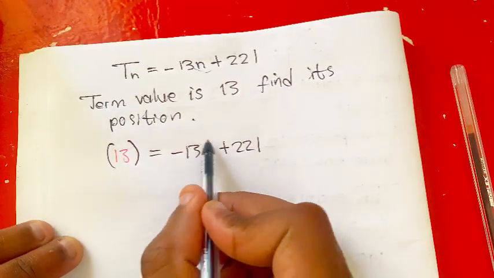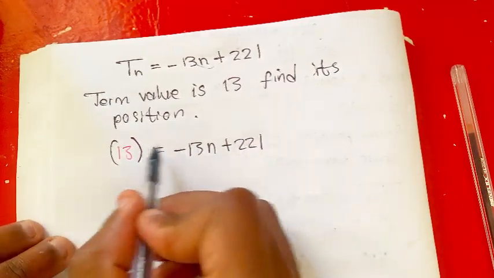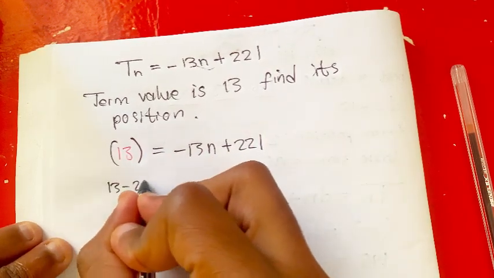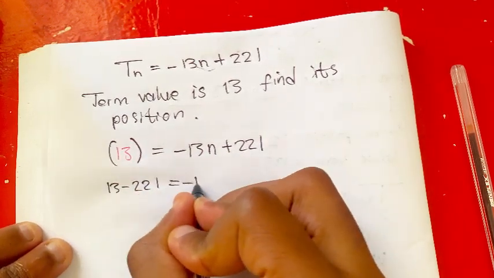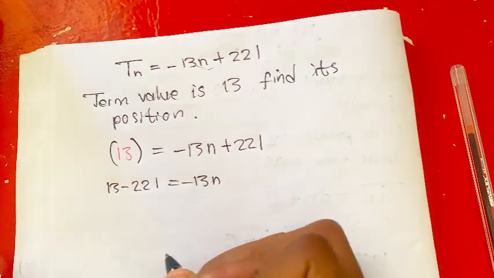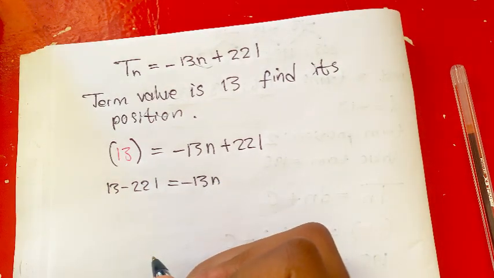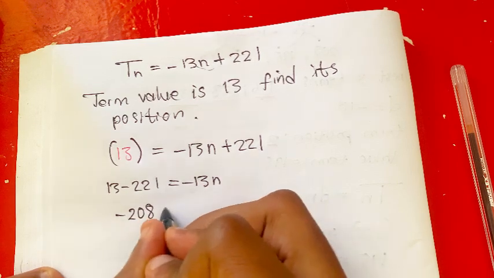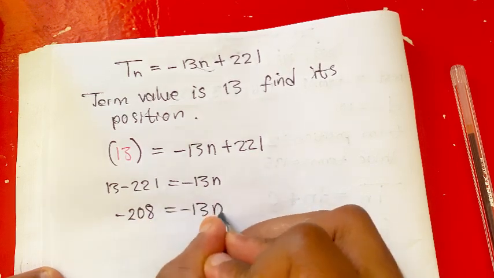You try to solve for n. 221 will go to the other side, so you'll have 13 minus 221 equal negative 13n. So 13 minus 221 is negative 208 equal to negative 13n.